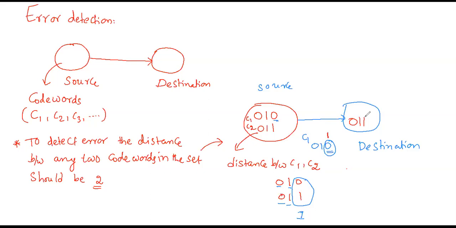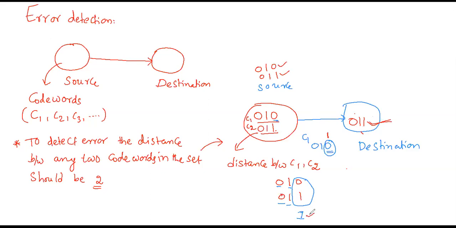Now, can you tell me whether an error occurred or not? We can't say an error occurred. Why? Because in the source we have two code words, 0 1 0 and 0 1 1. If you receive any one of these two, the information is correct. You are receiving 0 1 1, so you need to consider there is no error, because we are unable to identify the error if the distance between two code words is 1.